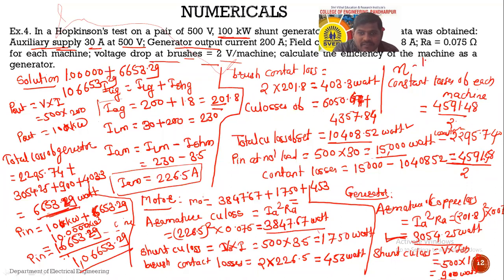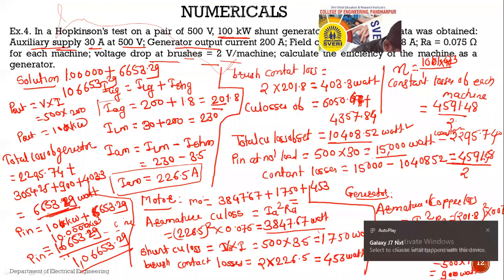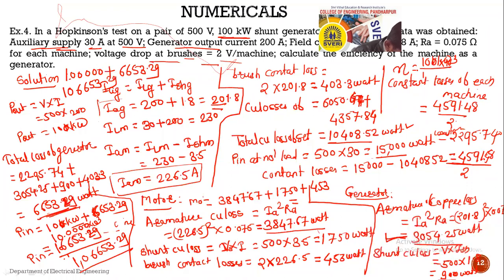So generator output, it is equals to 100k म्हणजे 100k is nothing but 10³ divided by 1,06,653.29. किती येते बघा व्हॅल्यू. Into 100. What is the answer?